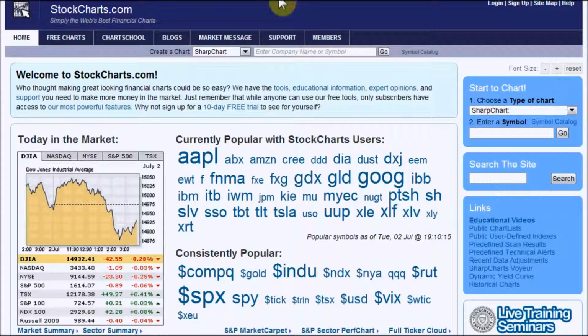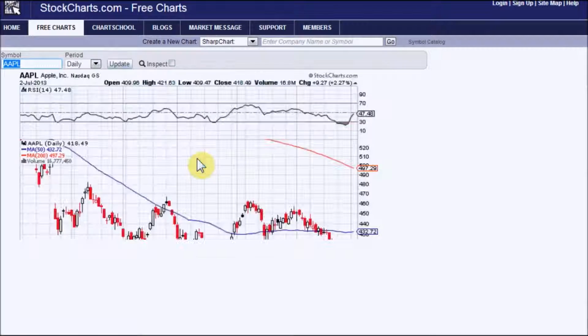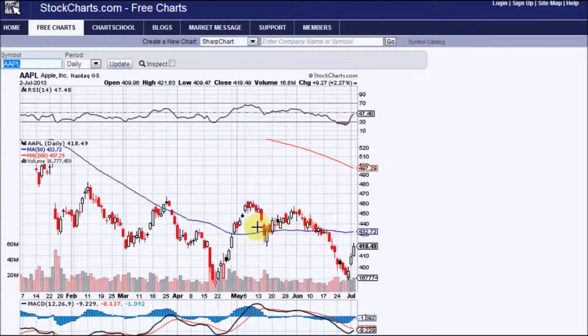Now, as I've mentioned before, StockCharts.com thinks candlestick charts are the way to go. When you click on any link here, well, let's look at Apple. Okay, you're going to see candlesticks on their default view.